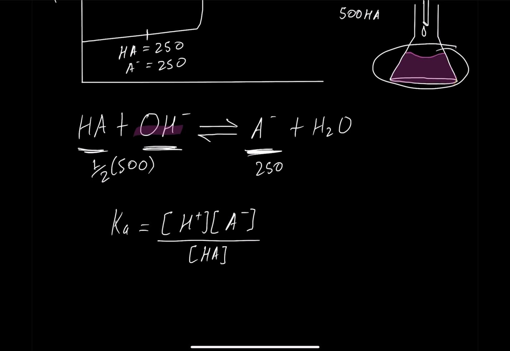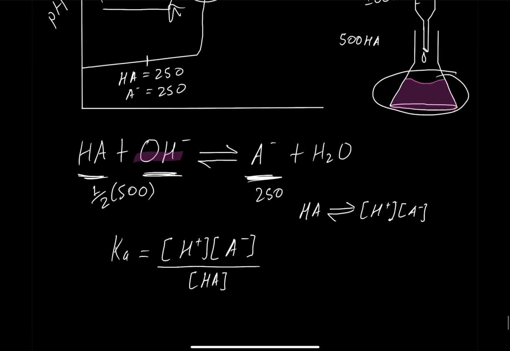That's how we understand these reactions. Because remember, HA dissociates into H plus and A minus, right? So the mass dissociation, which would be the product over the reactants.